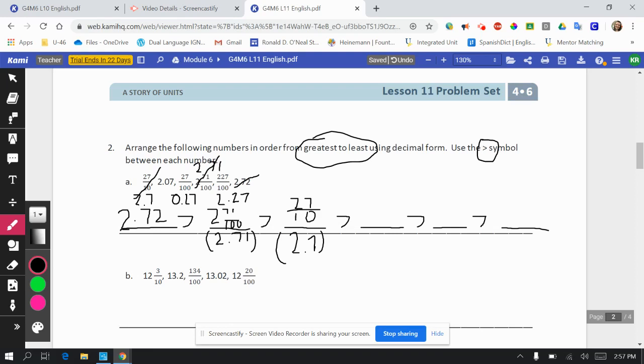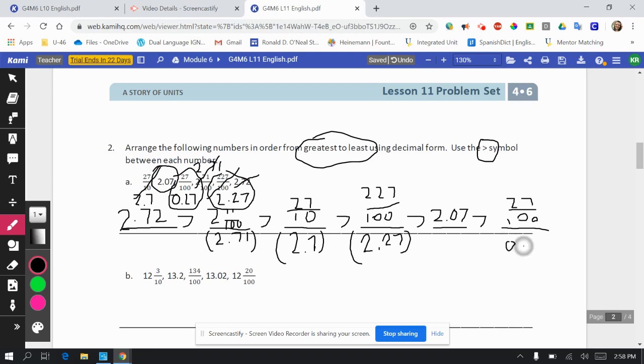Continuing on. So we have 3 numbers left right now, 2.07, 0.27, and 2.27. I believe it is the 2.27. So we will have 227 over 100. Cross that one out. 2 more. All right, 2.07. Last but not least, 27 100ths. And that in standard decimal form is 0.27.